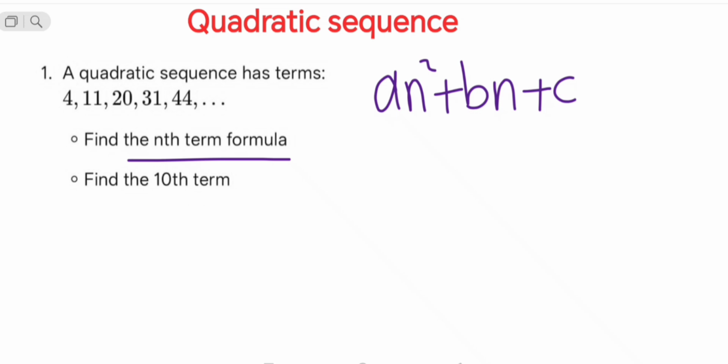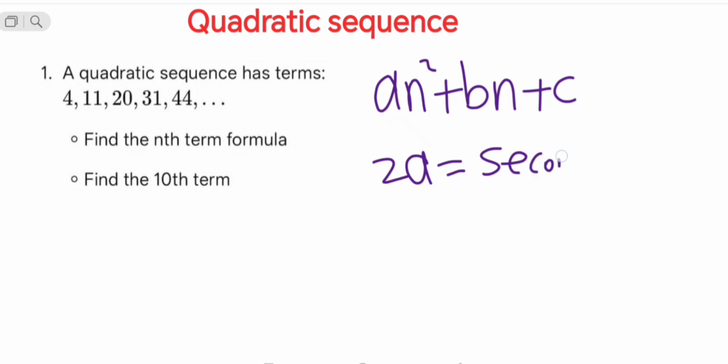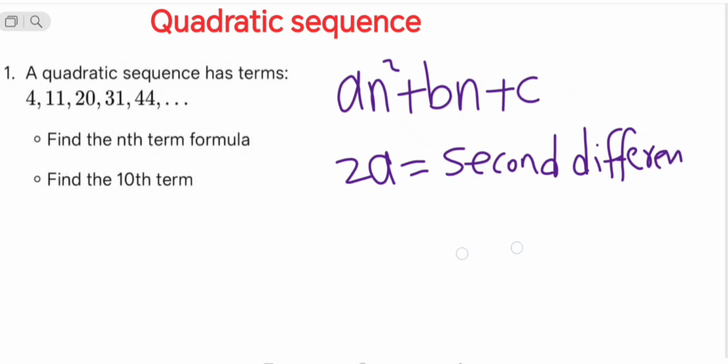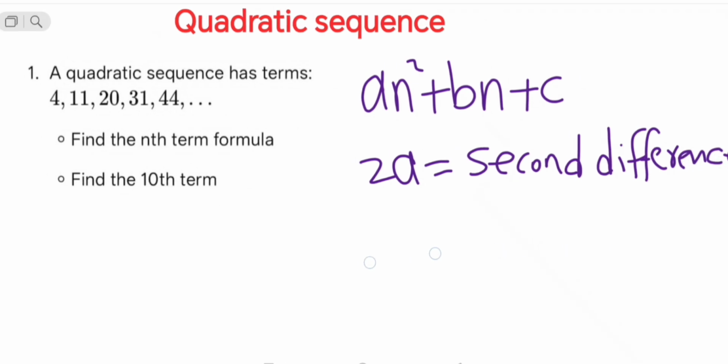So we were using ax² + bx. Now n is the number of the term. What is a? How to find a? Whatever the second difference is, that is equal to 2a.